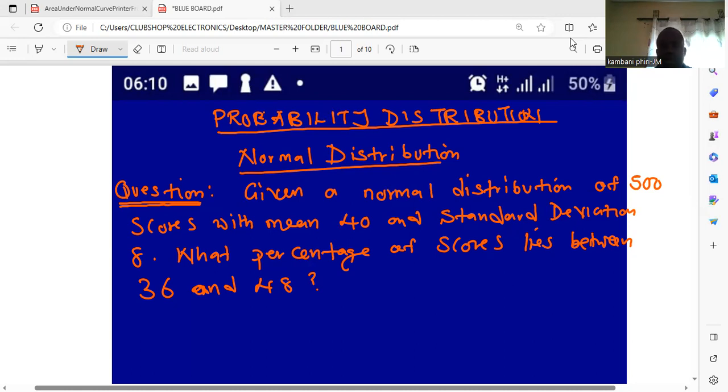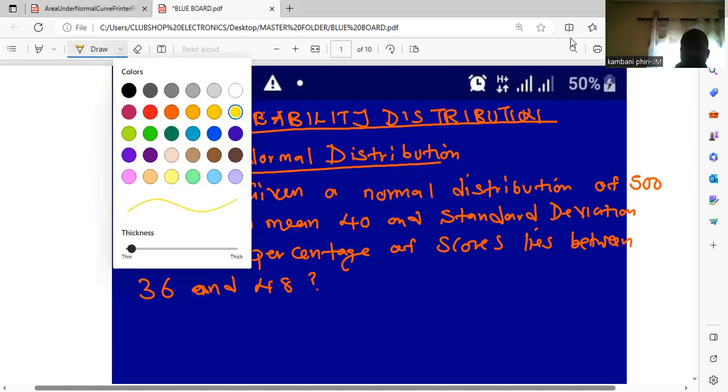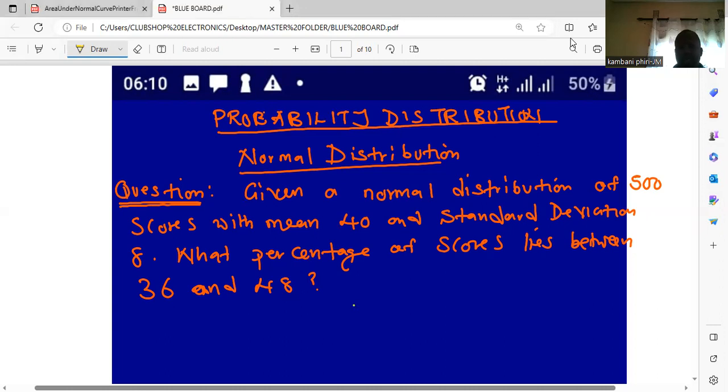In this case, we want to deal with a case under normal distribution, where I would want to know maybe the percentage of scores that lie between certain marks, and also just to demonstrate how we can use the Z-table, to see maybe how we can help someone to use the Z-table. All right, so let's look at the question.